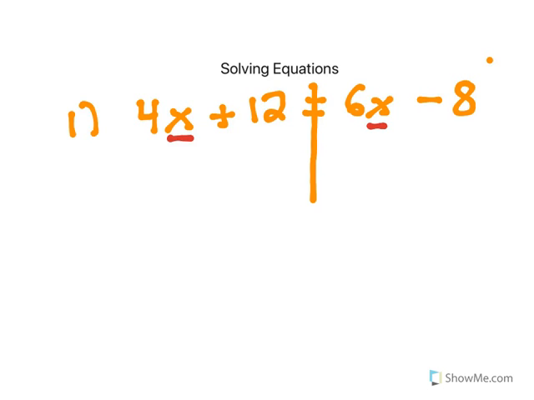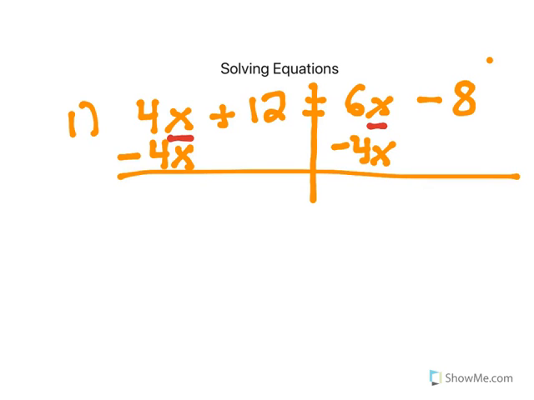So if I'm going to move 4x, what I'm going to do to get this 4x to the other side is I'm going to subtract 4x here, and then I'm going to subtract 4x here. What happens when we do this is on this side, we get 0x, or 0. So I'm left with 12 equals 2x minus 8.